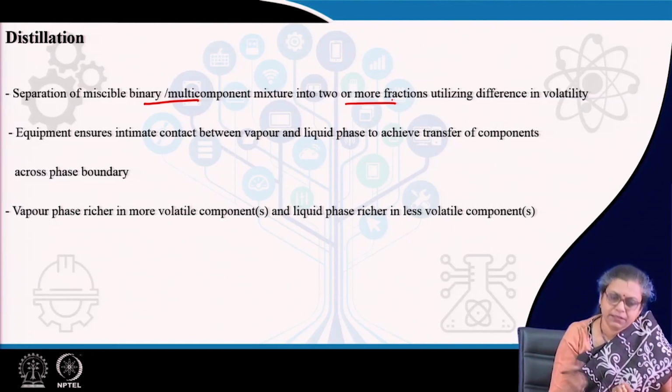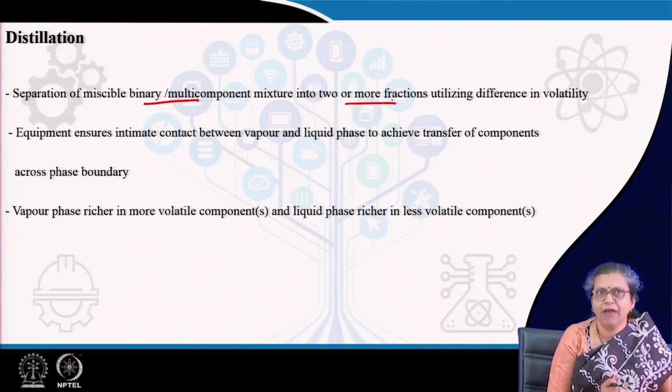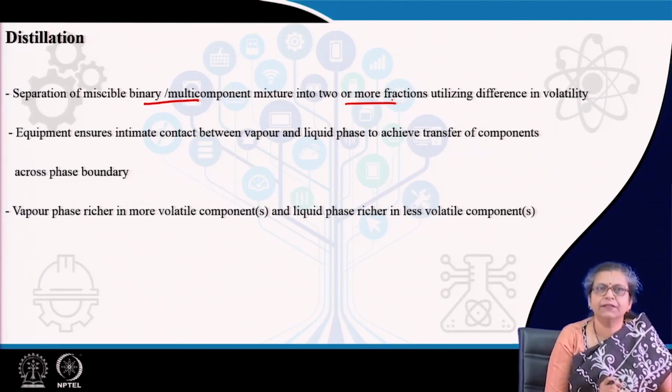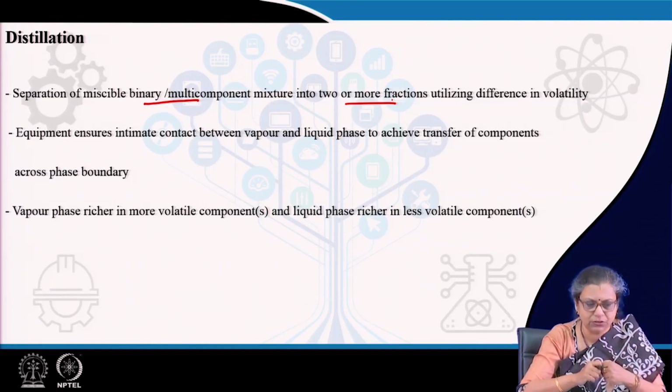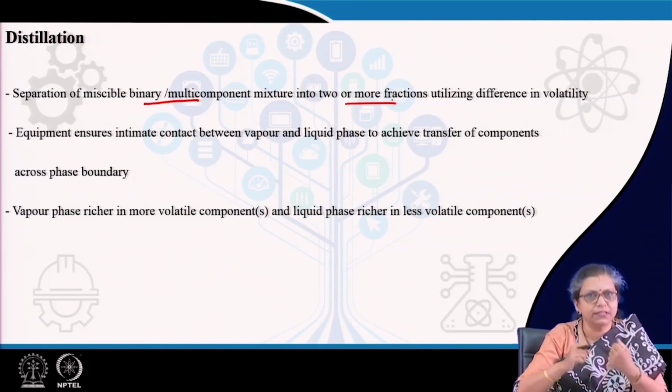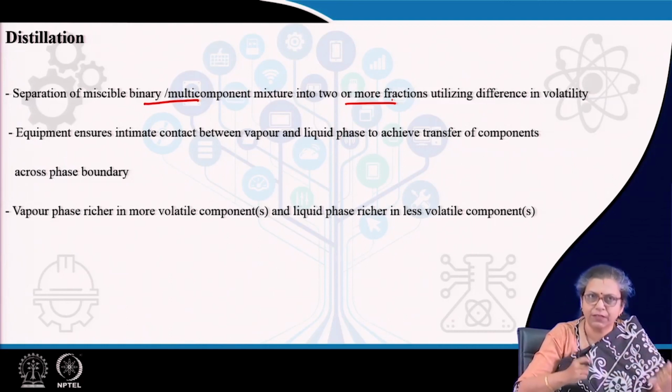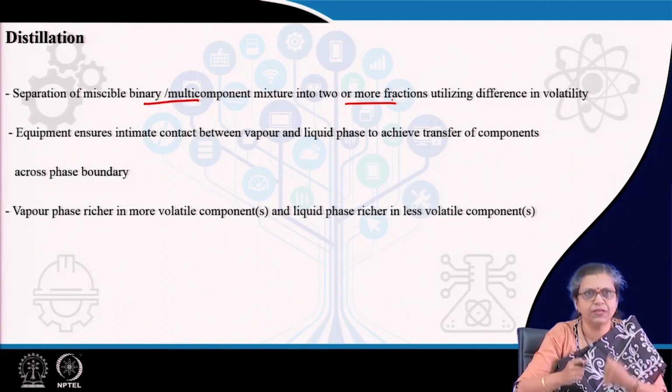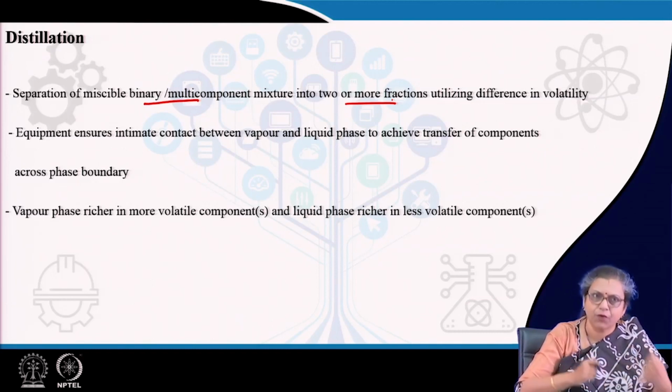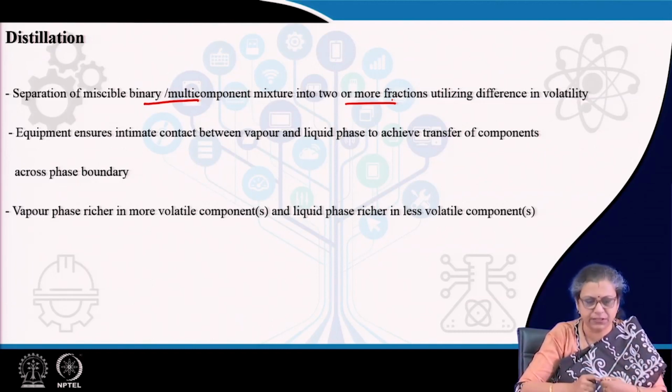And the distillation equipment that we have, as we had already mentioned, the two phases are first brought into intimate contact. In this case, the second phase, which is the vapor phase if we have a liquid feed, or the liquid phase if we have a vapor feed, has been created from the first phase by transfer of energy.